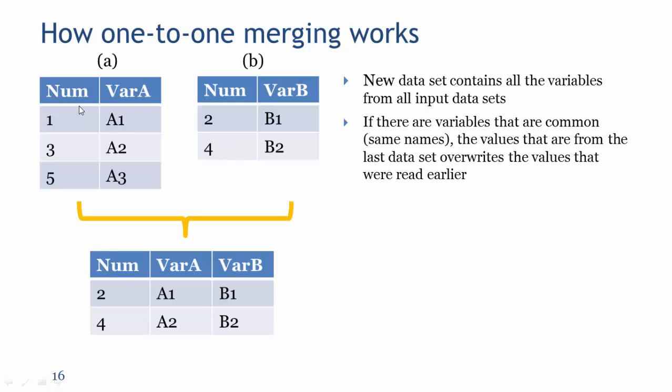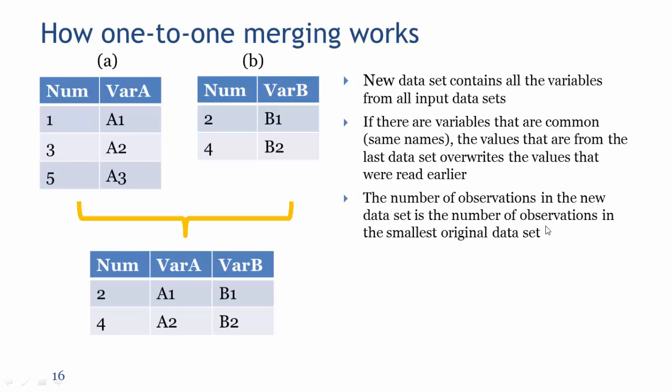In this case, we have a variable that is common in both datasets, and B dataset was considered to be the last dataset. So that is why the values in this num variable in dataset A get overwritten by the values in the later dataset, which is the dataset B. So that is why we have 2, 4, but not 1, 3.